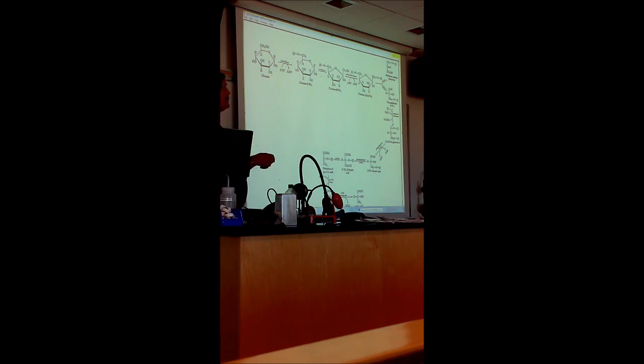So 2 phosphates, one on the number 1 carbon, one on the number 6 carbon. That's why we needed that second reaction, to get that number 1 carbon out of the ring.